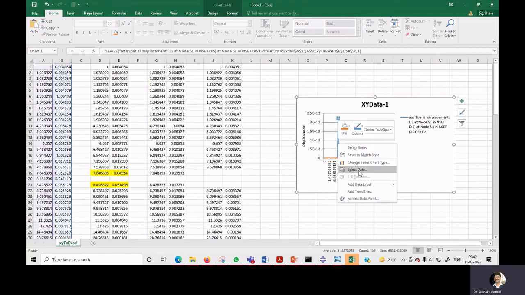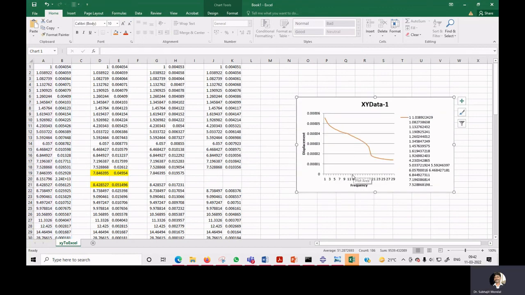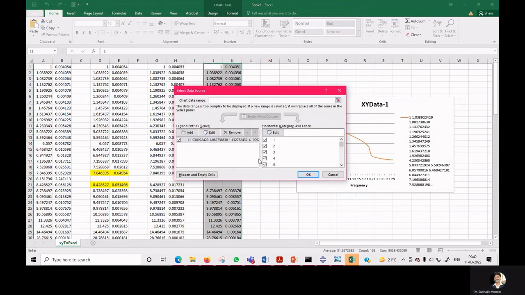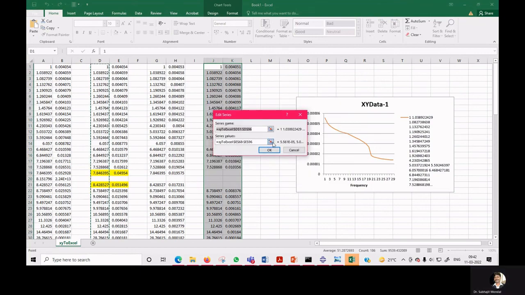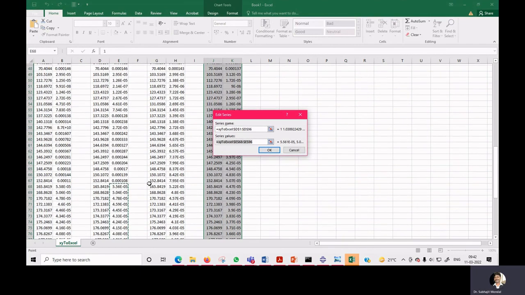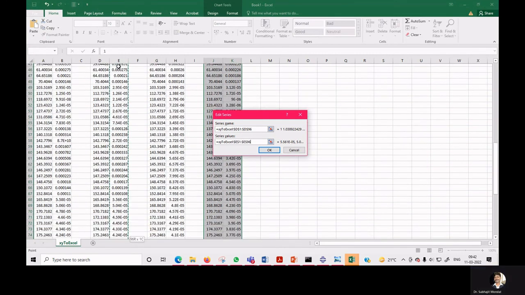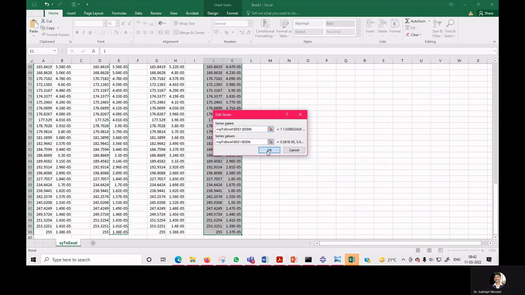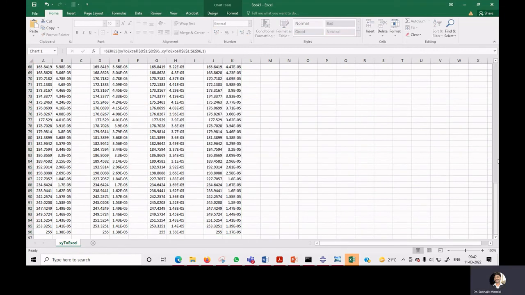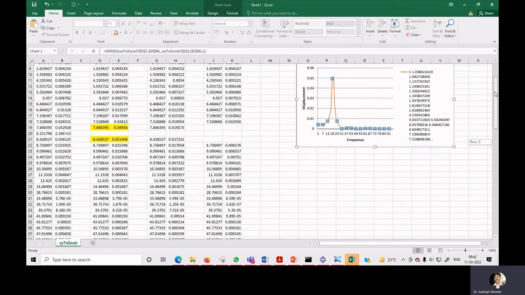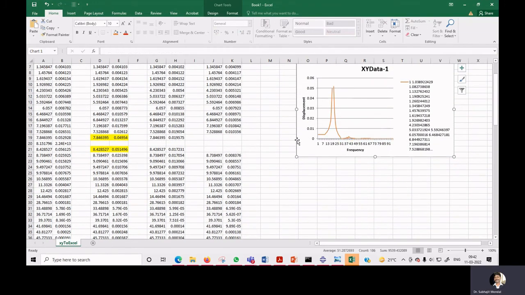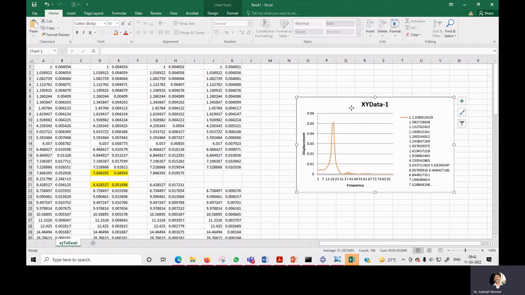That is corresponding to undamped. We can delete that part, delete the series. Okay, that is your XY data set.